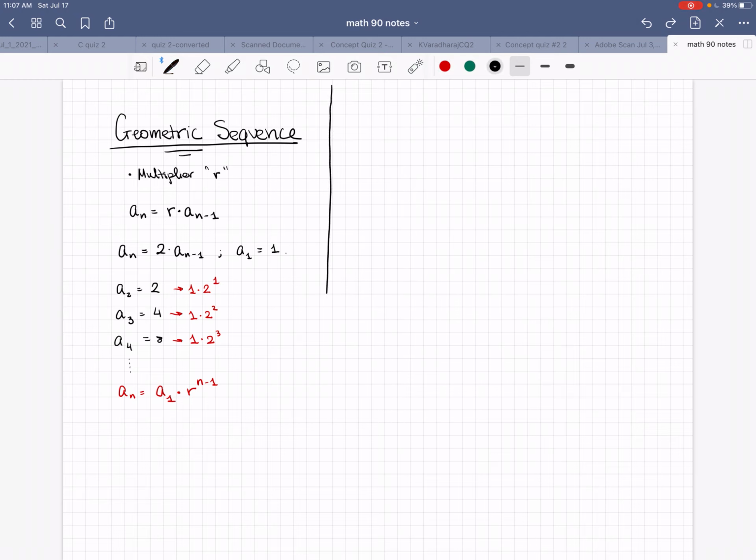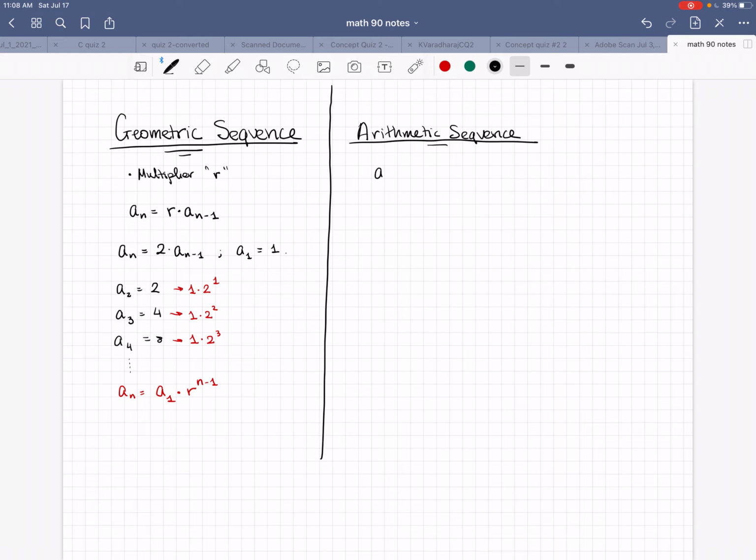Really quickly, let's talk about arithmetic sequences. Another sequence that can be defined or thought of as being defined recursively. So here, rather than multiplying by something each time, we add something to the term that came before.